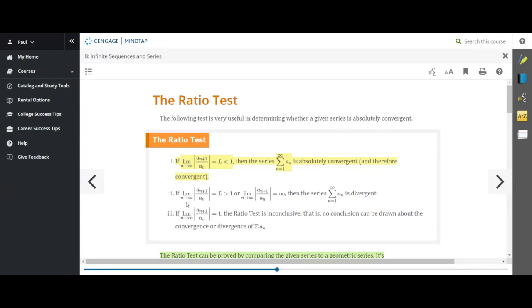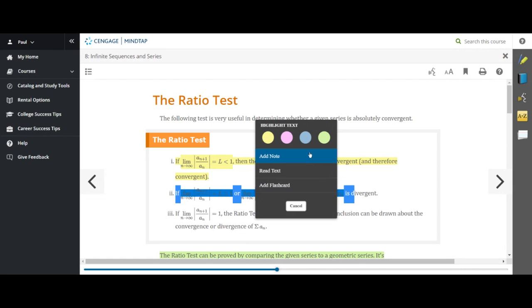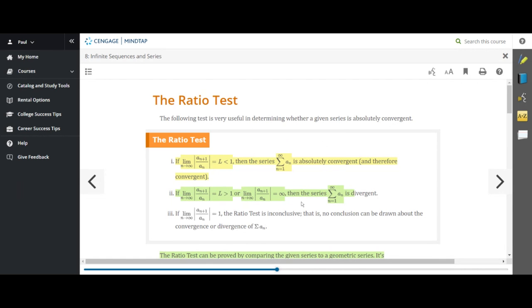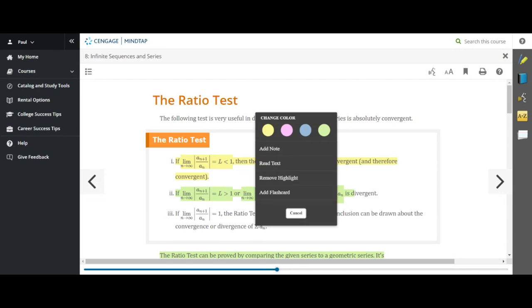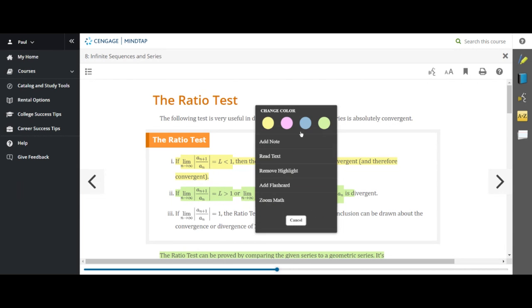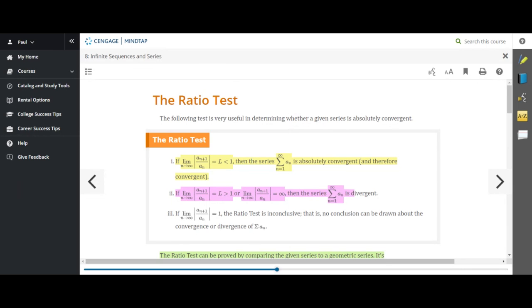On the other hand, for part B, maybe I'll actually do it in pink. There it says, look at, again, the absolute value of the ratio.